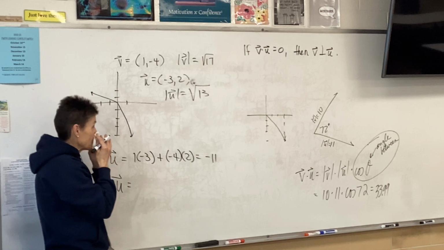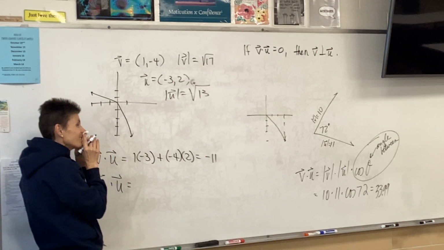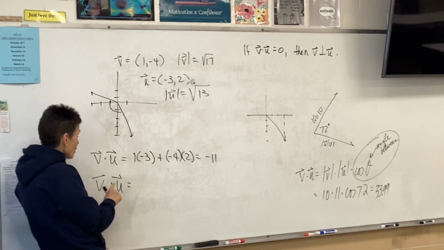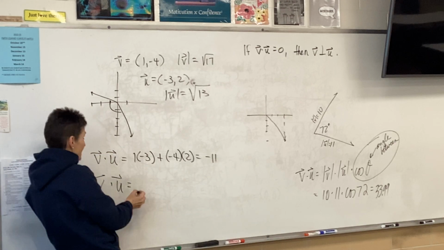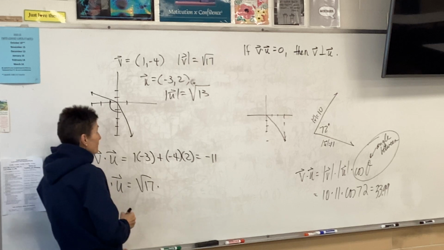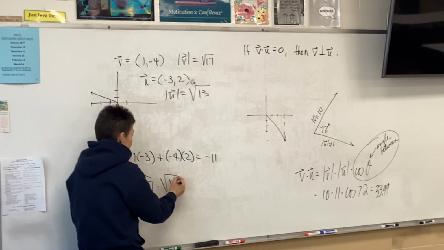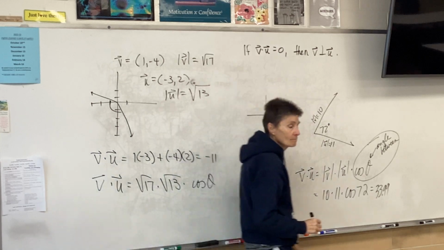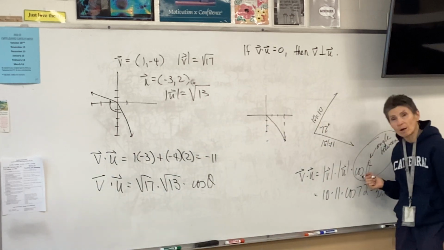So I don't know what the angle between these vectors is. I have no idea what that angle is. But I know that the dot product is the magnitude of the first one times the magnitude of the second one times the cosine of that angle. That's a definition of the dot product.